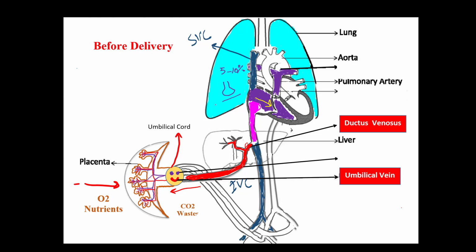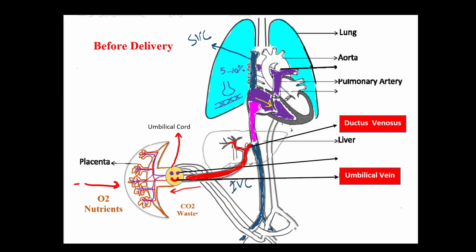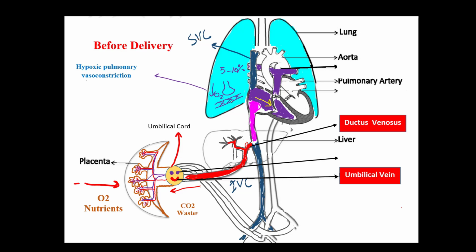The vessels in the lung here are vasoconstricted. Why is there vasoconstriction? Because decreased oxygen in the lung causes hypoxic pulmonary vasoconstriction. The vasoconstriction in the lung makes high resistance in the vessels.